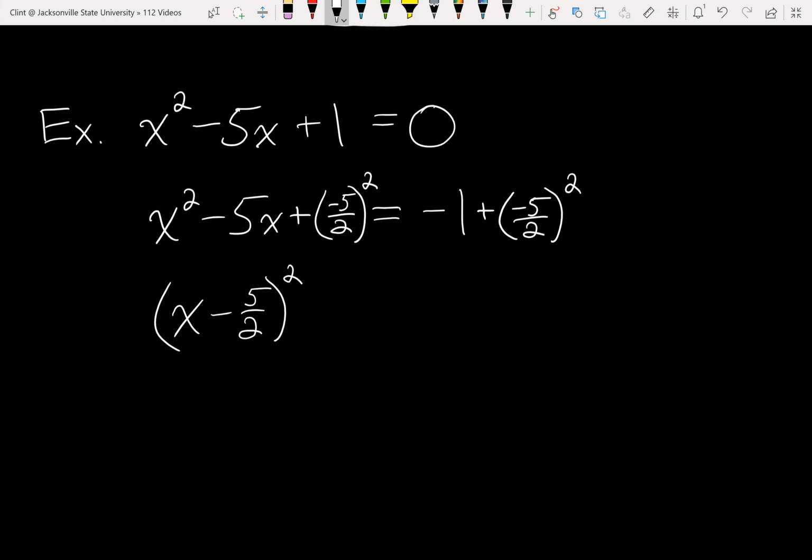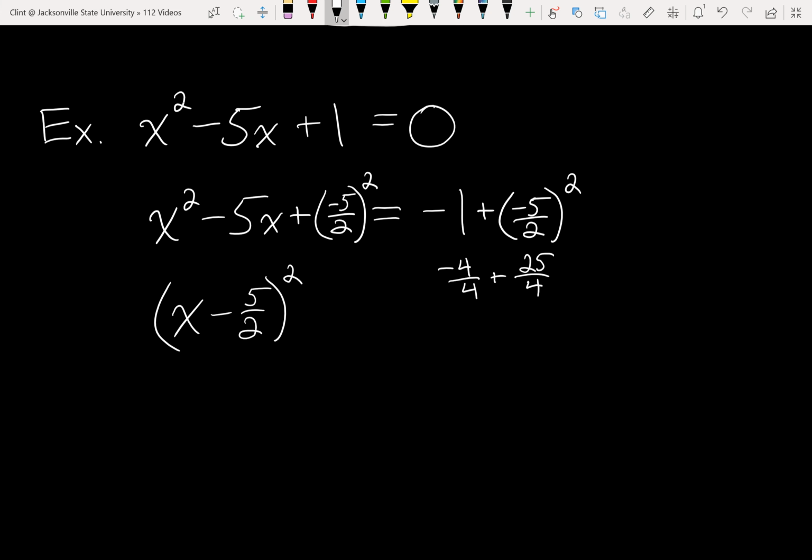Right side, we got a little bit of work to do. You can use your calculator if you want. Here, negative 5 over 2 squared is going to be 25 over 4. Get a common denominator, negative 1 will be negative 4 over 4.